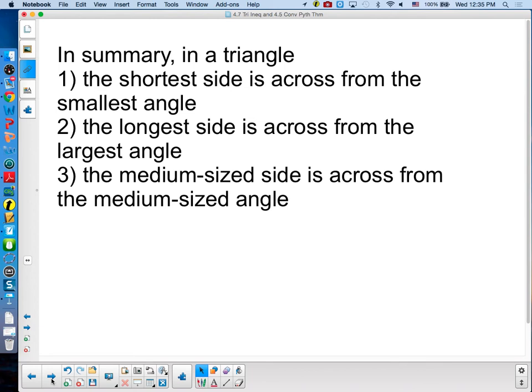So what sides? Which one's the longest? The longest side is going to be across from the biggest angle. So pick out the biggest angle, the Y. Go across the triangle. So which one's the longest segment?